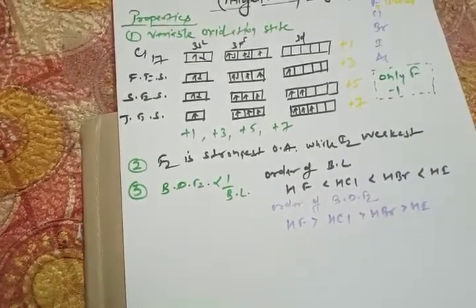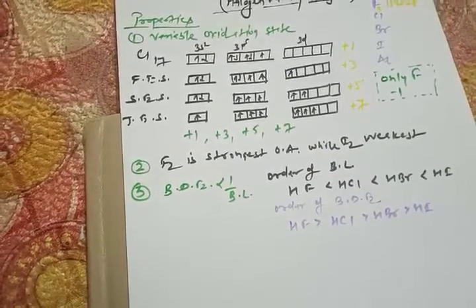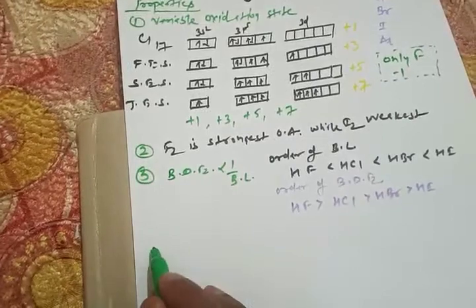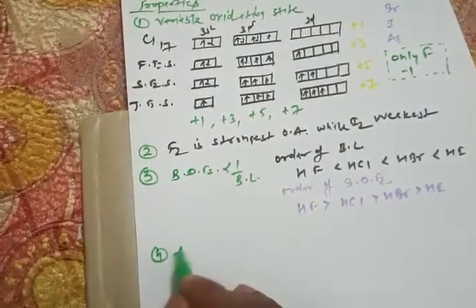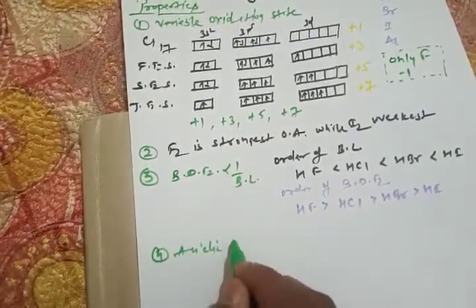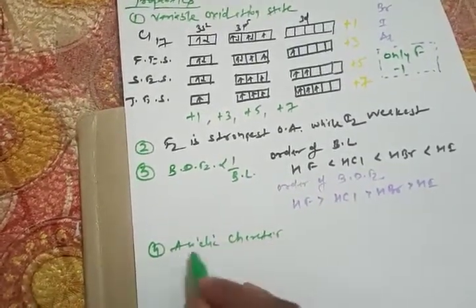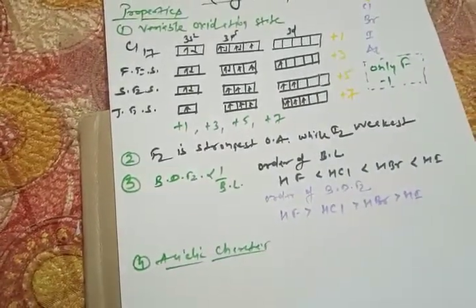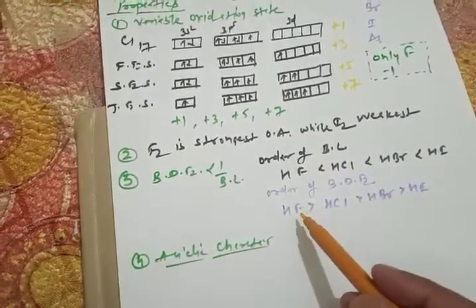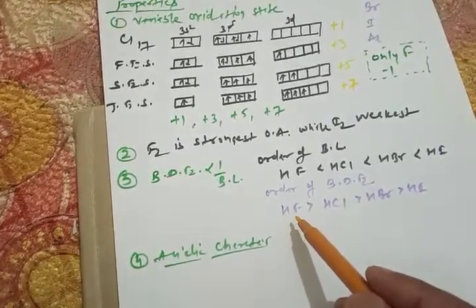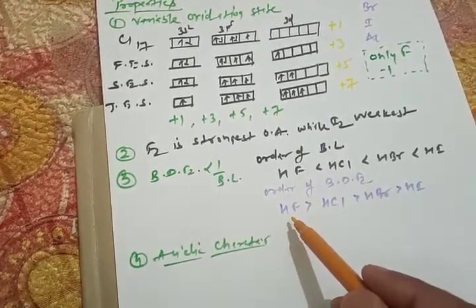One more property we can discuss on the basis of bond dissociation energy is the acidic character. Again, the bond breaking is very hard in HF, so it will not donate its proton very easily.